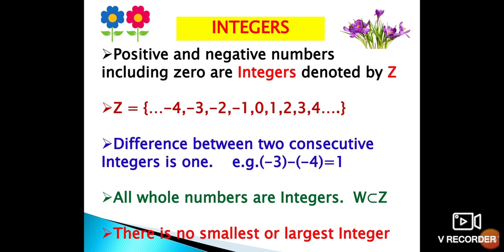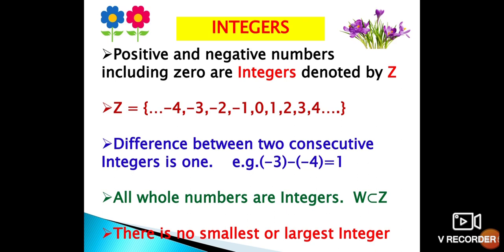So the difference between any two consecutive numbers is again 1. All whole numbers are part of integers. That's why W is a subset of Z. There is no smallest or largest integer. If you go to the negative side, there is no smallest integer, and on the positive side there is no largest integer.